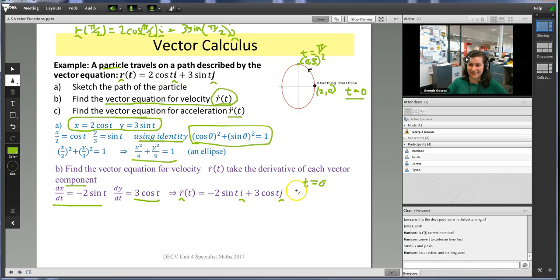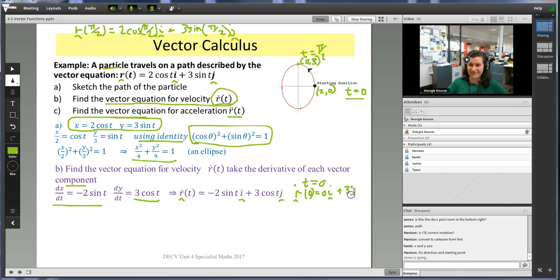What is the velocity at t equals 0? -2 sine of 0, well that's pretty much going to be 0. 3 cosine of 0, that's going to be 3.